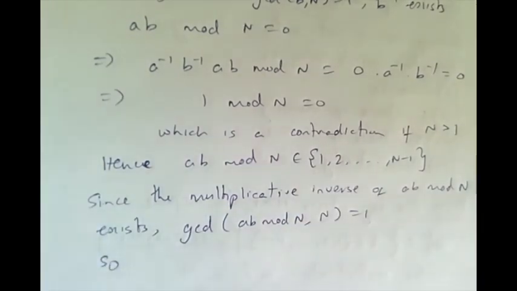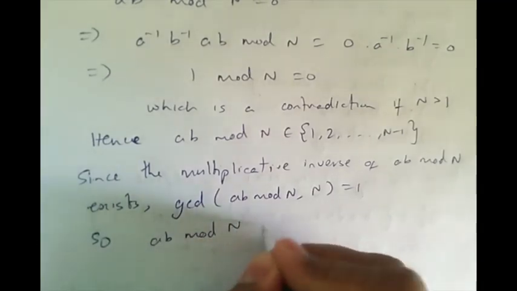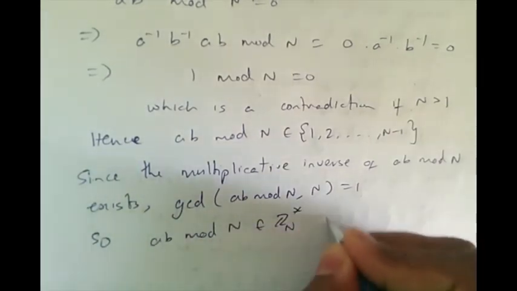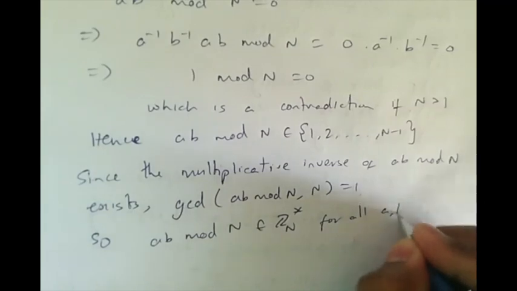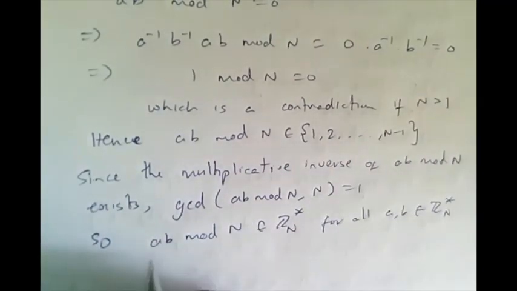So AB mod n belongs to Zn star for all A and B in Zn star. So we have shown closure. So closure is done.